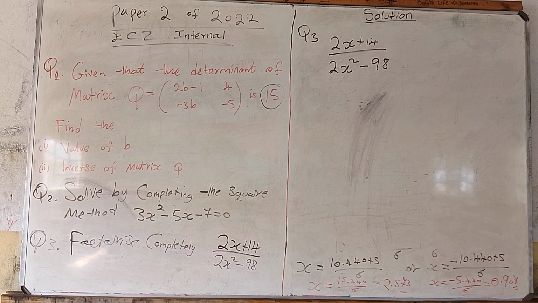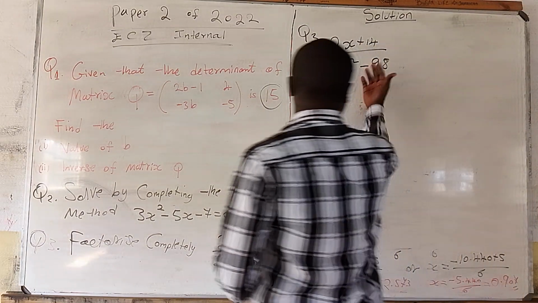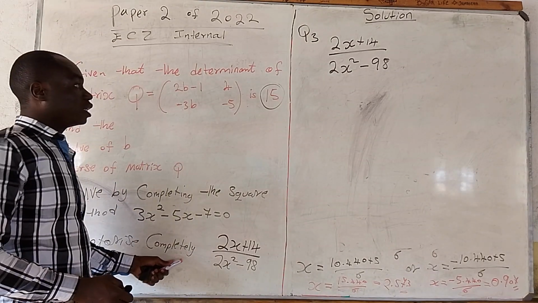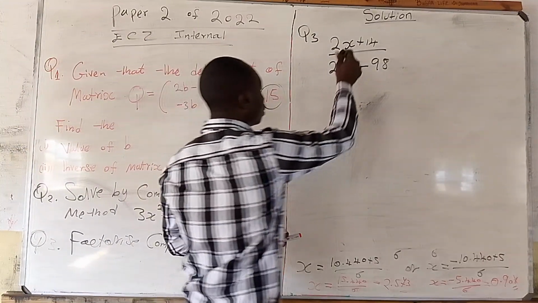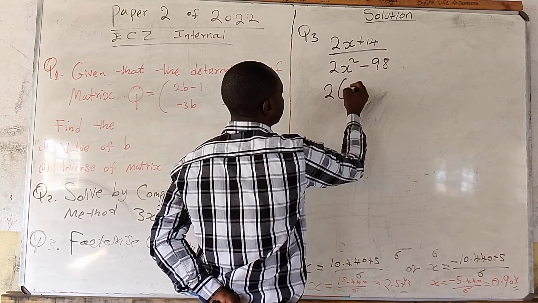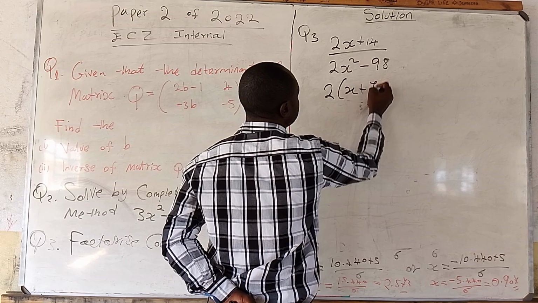Okay, let's proceed, guys. We want to factorize completely. So in our numerator, we can factor out 2 so that we have x plus 7.